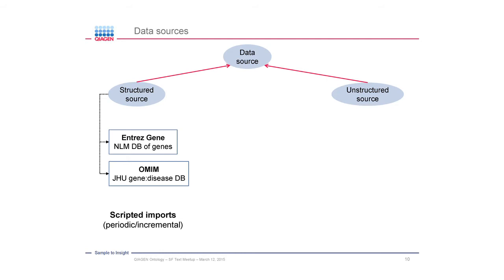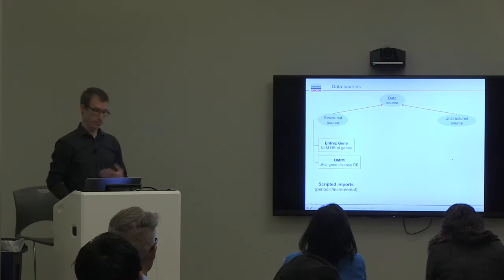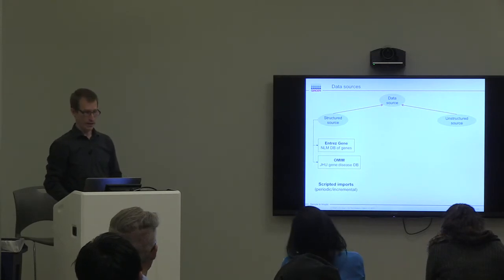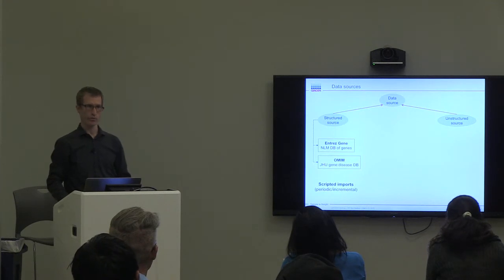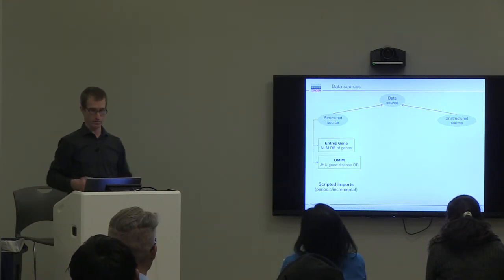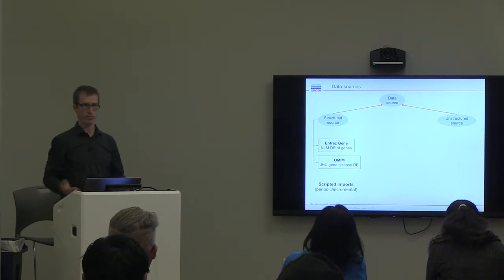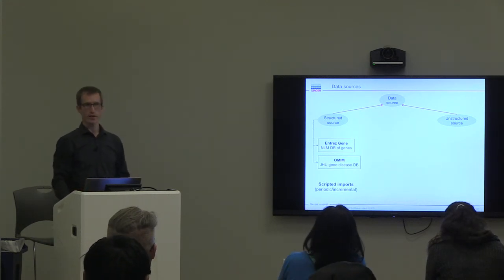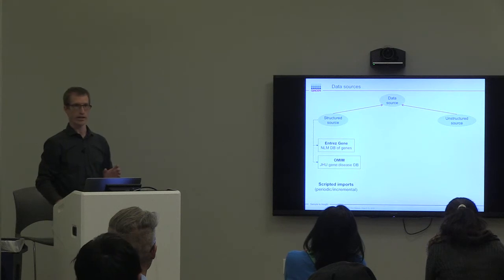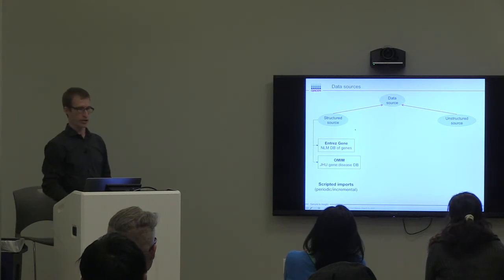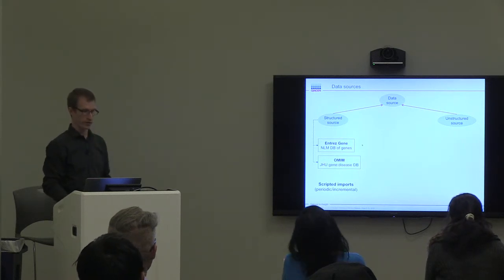So we have structured sources that we trust pretty well. And for those sources, we can write scripted imports. One of the things that we do is maintain scripts, or relatively small programs, that parse these different sources. Like EntrezGene, which is the NIH National Library of Medicine's database for genes.